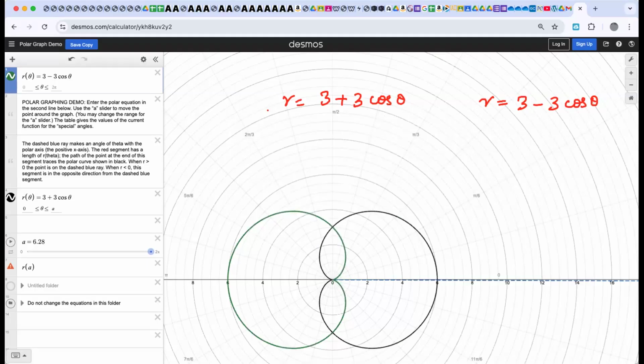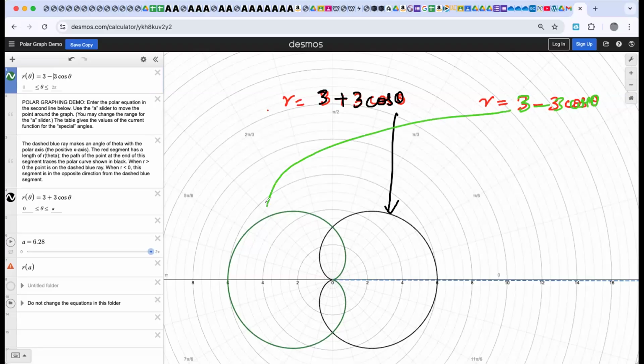Do you see it? Am I making sense? The red one, I should have done it in black, is 3 plus 3 cos theta. It's on our horizontal axis. And then the green graph was 3 minus 3 cos theta.